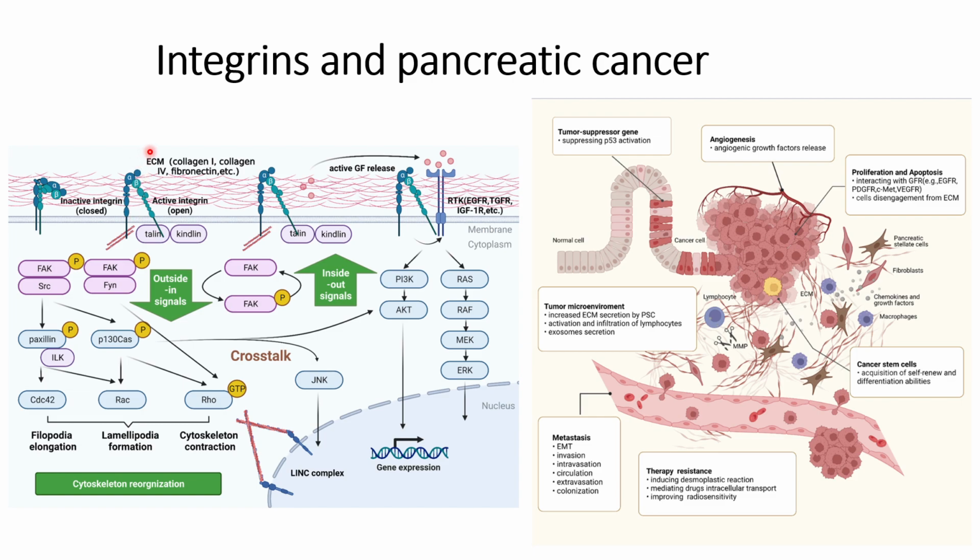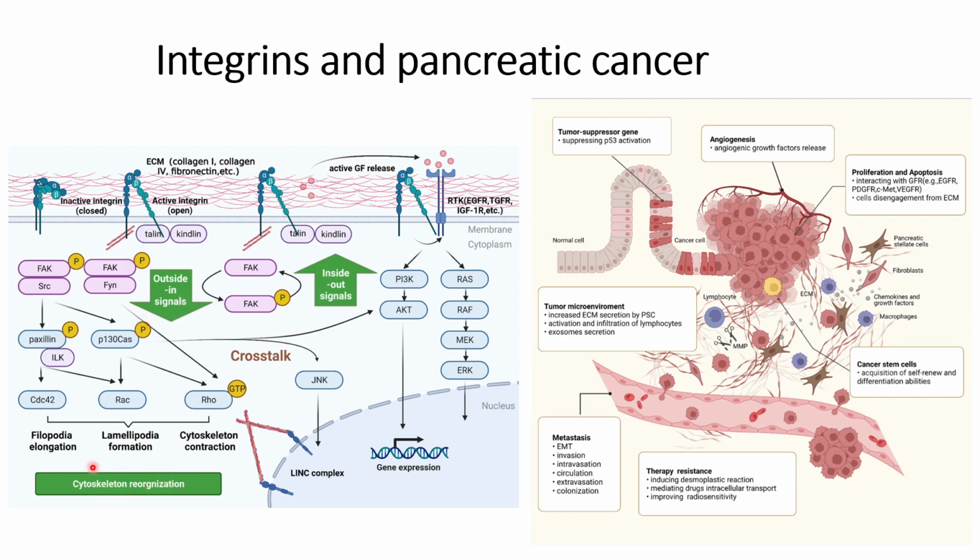Interactions such as collagen 1, collagen 4, and fibronectin with the active integrin will increase, and that will further change the outside-in and inside-out signals. So this, in general terms, can be considered a cascade effect.